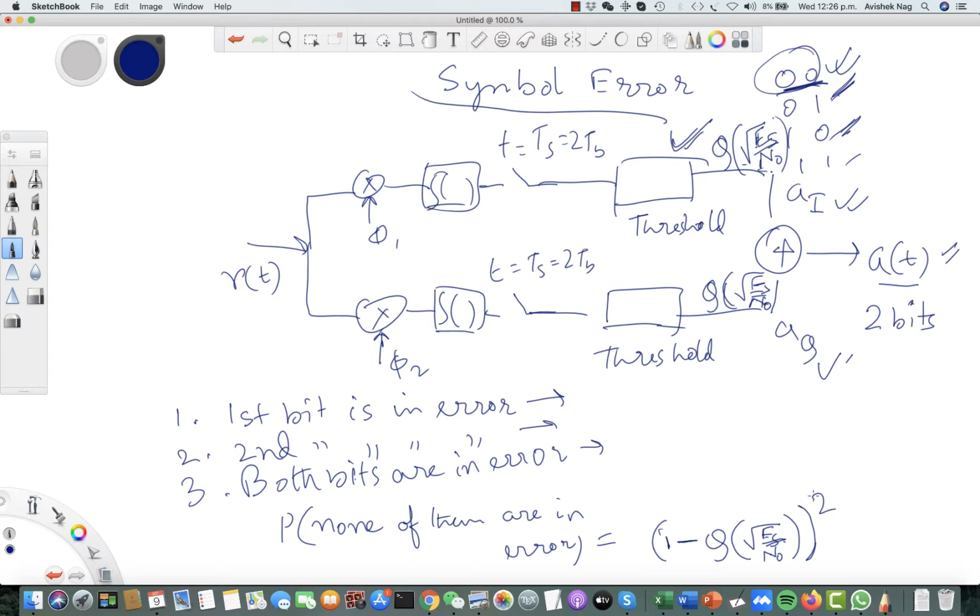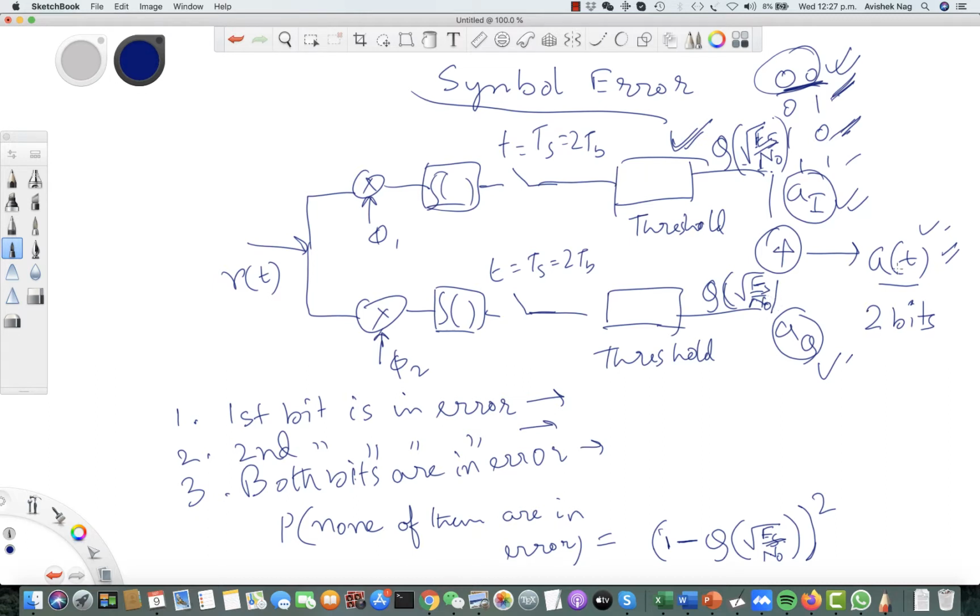Okay, so probability that none of the bits that you are observing here are in error is the probability that there is no error because of the in phase term and there is no error because of the quadrature term. And the error for the in phase term is the error of the BPSK because it is equivalent to a BPSK, and the error for the quadrature term is also the BPSK error probability because it is equivalent to BPSK.